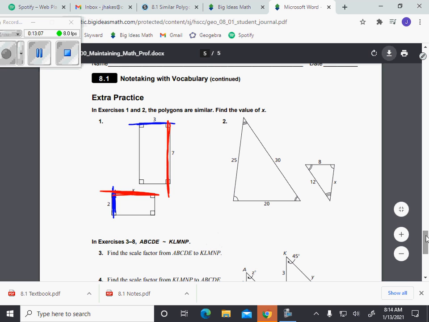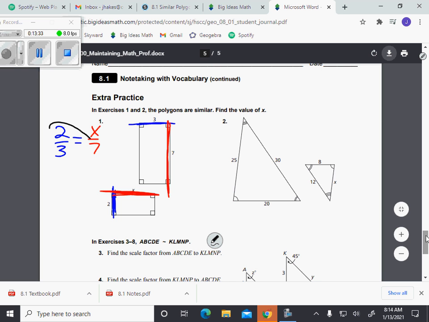So I have to take 2 over 3 is equal to x over 7. And I can't really mess that order up any further. I can't do a different order. You have to do 2 over 3 equals x over 7.